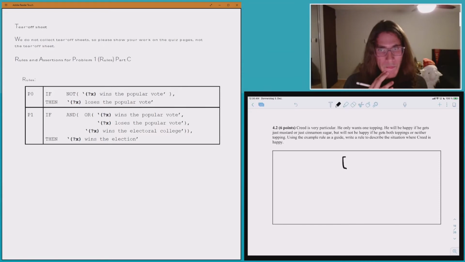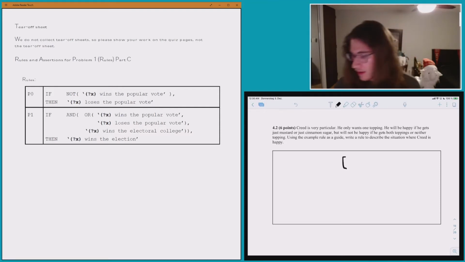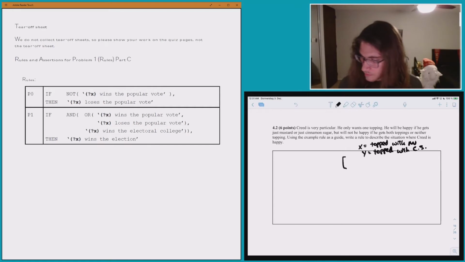So I'm going to use variables: I'll say X is equal to topped with mustard, and then Y is equal to topped with cinnamon sugar. Now that I've defined those variables, I'm just going to use them to keep it clean.